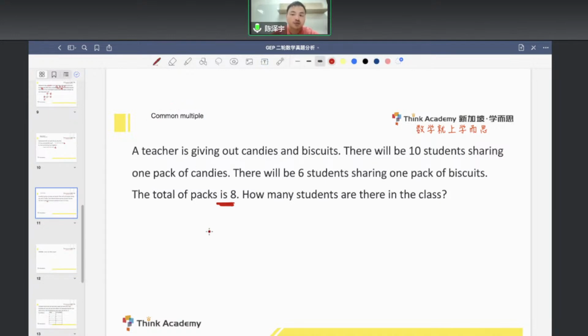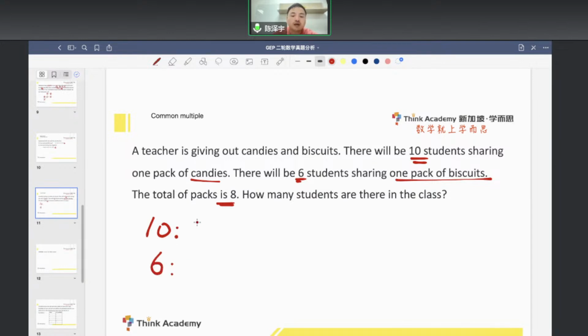If you understand the question, 10 students can share one pack of candies, and 6 students can share one pack of biscuits. So overall, the total number of students didn't change. How about we list out all the multiples for 10 and 6?